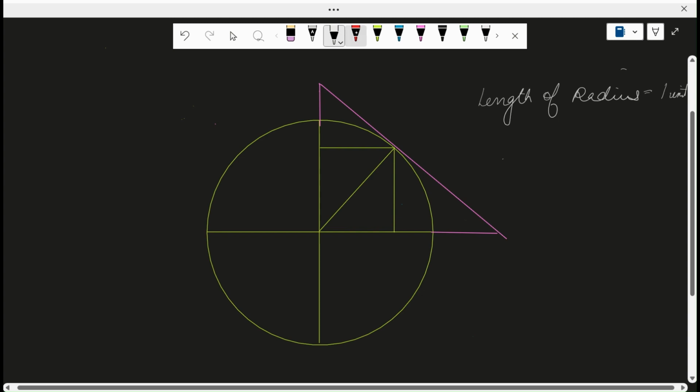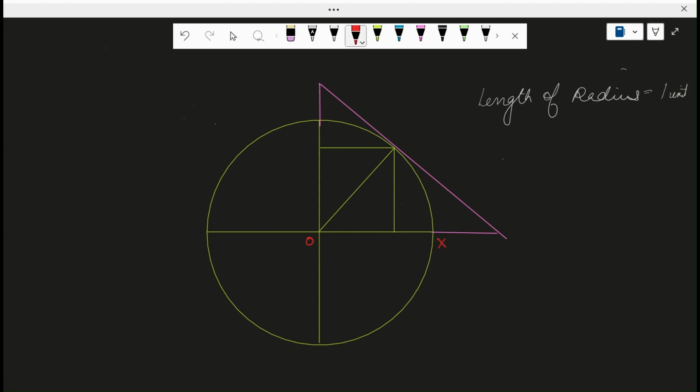Let us now mark different axes. So let the origin be O, this will be our x-axis, and this will be our y-axis. Let us mark this point as P. This will be our baseline or reference line.